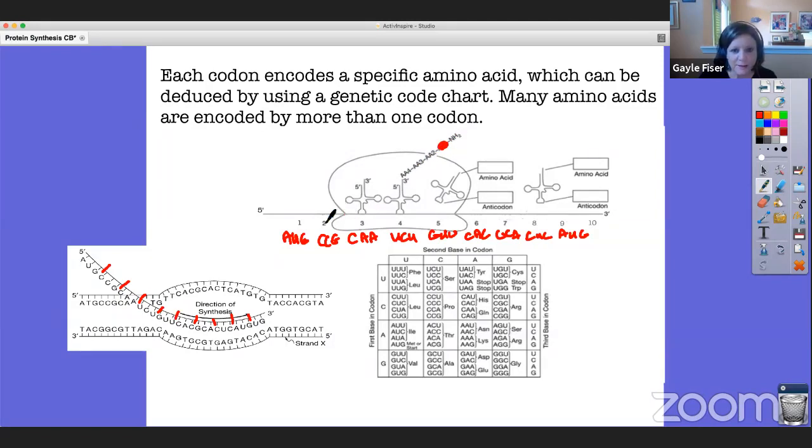Okay, so then that was the first one. And then the second one, the CCG, we'll find it, CCG, then we have proline, and proline would be right here. Okay, so that one's done. Now CAA is glutamic acid, and so we can add this.